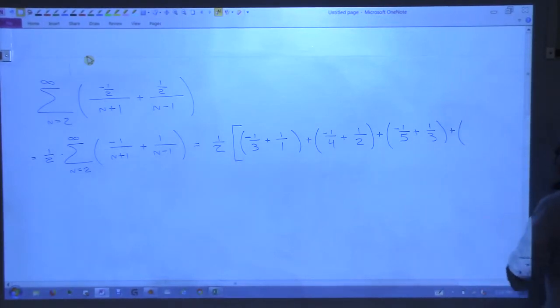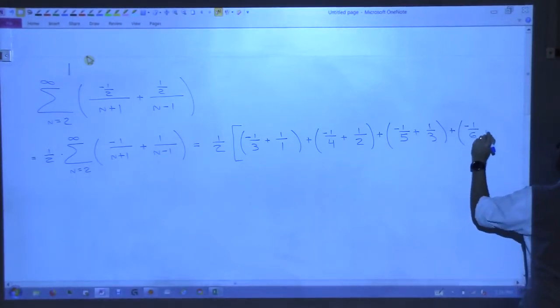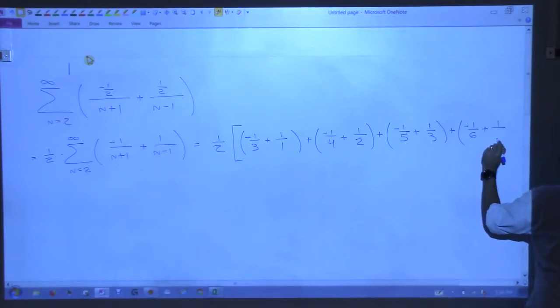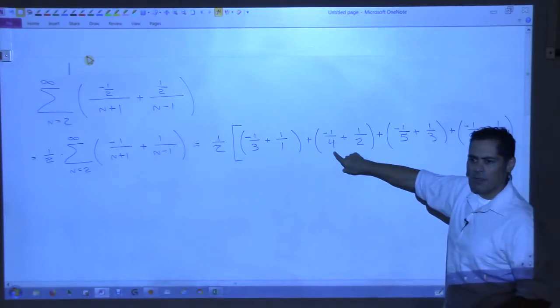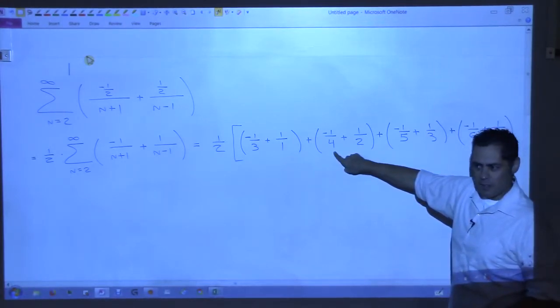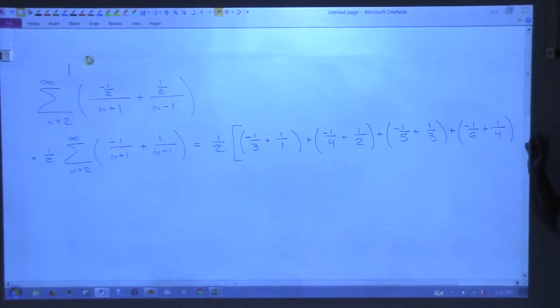Let's do another one. Plugging in 5 now, so this would be negative 1/6 plus 1. Wait a minute, I did see, look, that one's gone, right? Do you see that I'm starting to create pieces that are going to cancel with things over here? And now this goes on forever, doesn't it? I'm going to close it out.